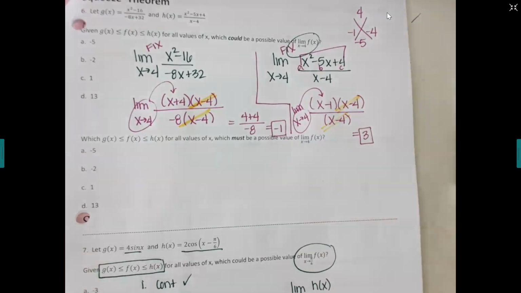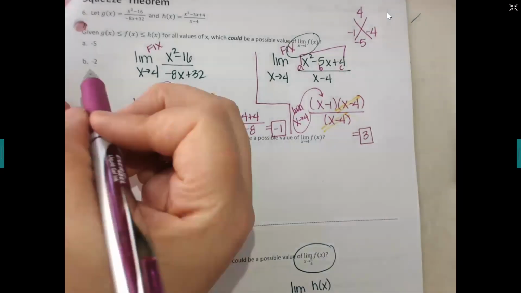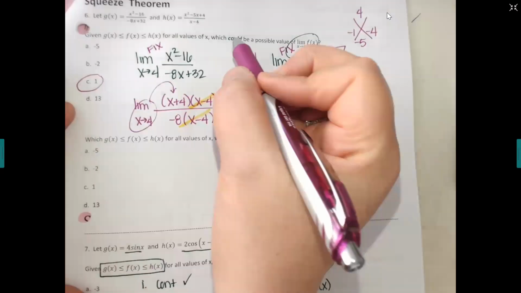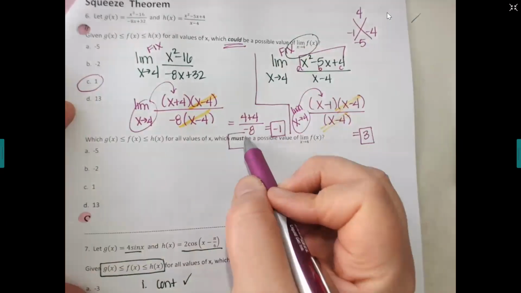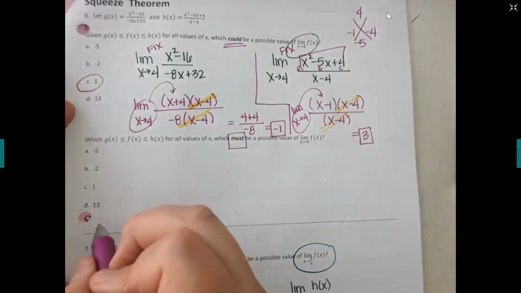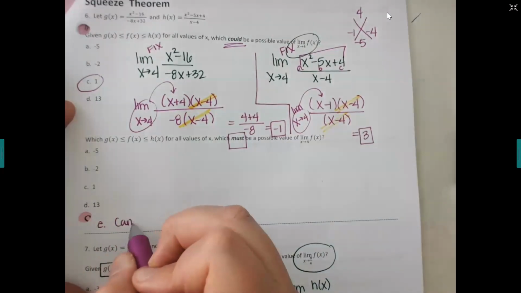If I know that F always stays between these two functions, which of those answer choices could be a possible value of the limit? Okay, it would have to be 1. It could be. Okay, but which one must be? Okay, add in a part E, cannot determine.